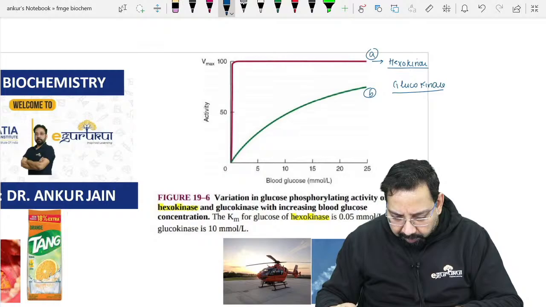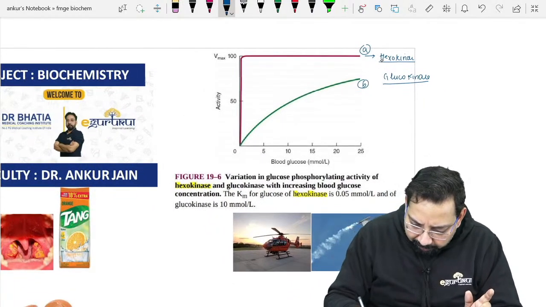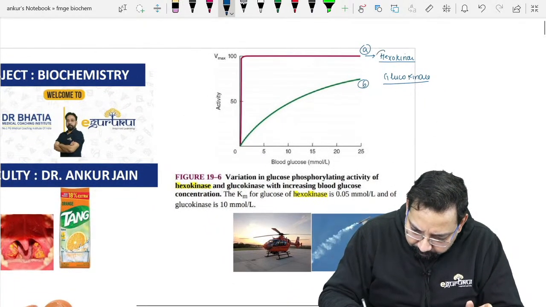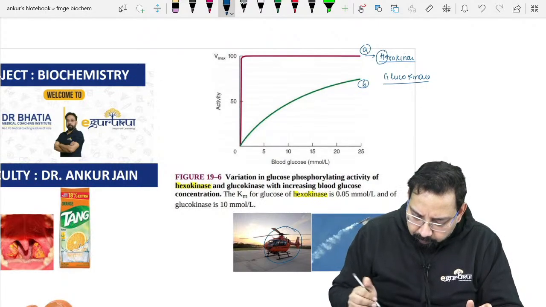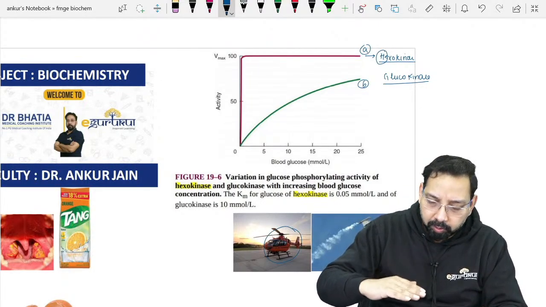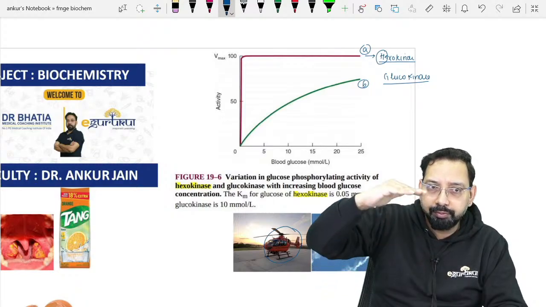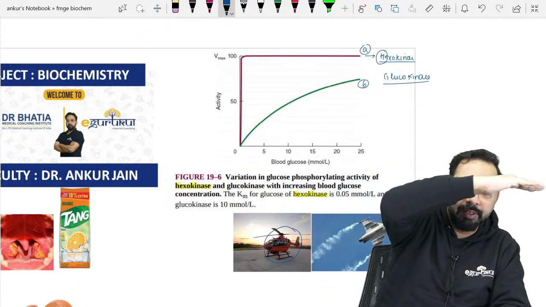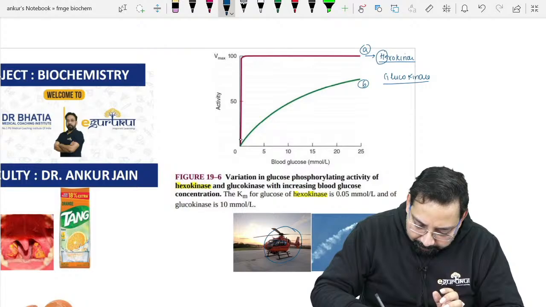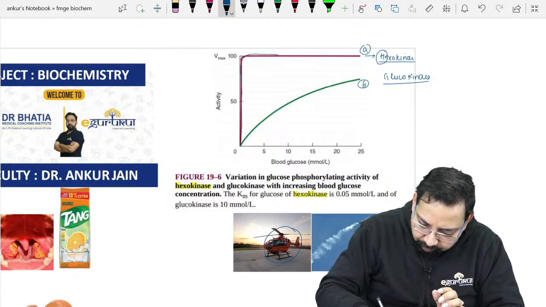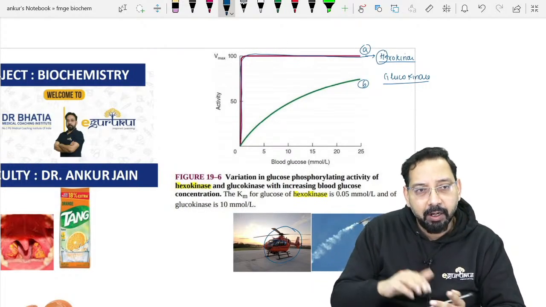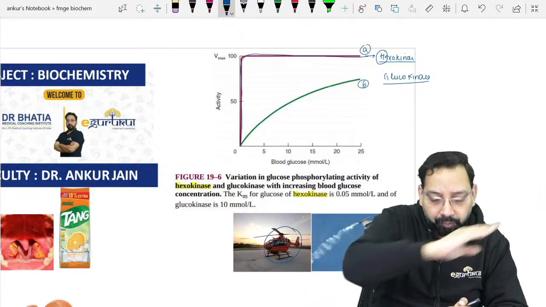You can easily remember by H for helicopter. How a helicopter flies, you all know, like this. While a jet, how does a jet fly?